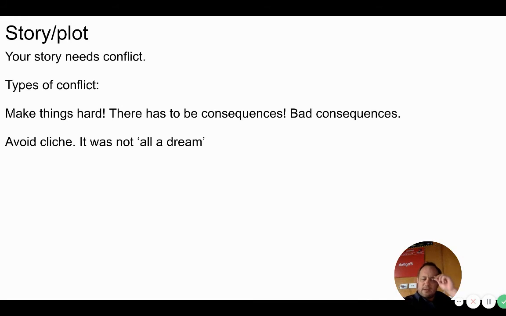The other thing we looked at was a few tips and pointers about plot. Your plot needs conflict, and we talked about the different types of conflict between people. But we also spent some time talking about internal conflict and having a dilemma: two difficult choices, the consequences of which are both bad, perhaps not equally bad, but the character has to make some sort of choice between those things.